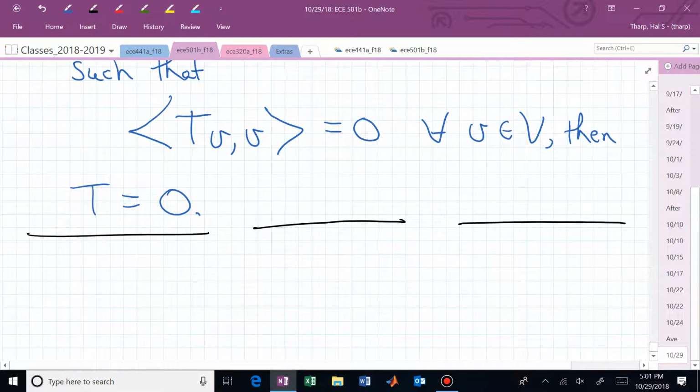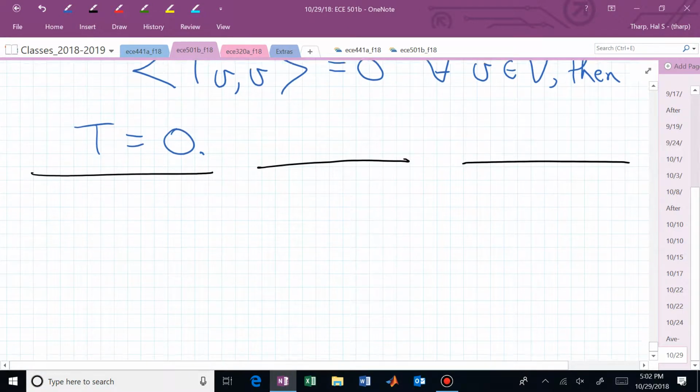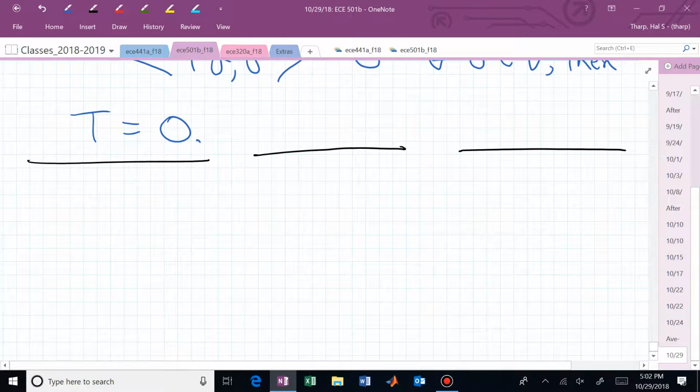So T is equal to 0. That 0, can you see it? That 0 represents a map. 0 represents a lot. This time it's a map. Sometimes it's a vector. All right, that was proposition 7.14.